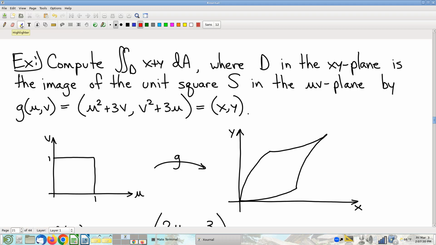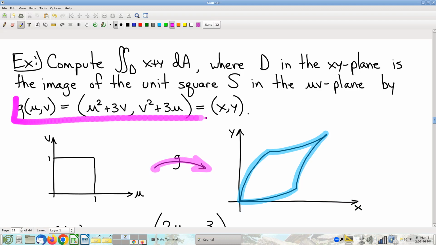And so in this manufactured example, I'm giving it as free information in the statement of the question that my output image domain is literally the image by way of a given change of variables function, right? Given in the statement of the question.